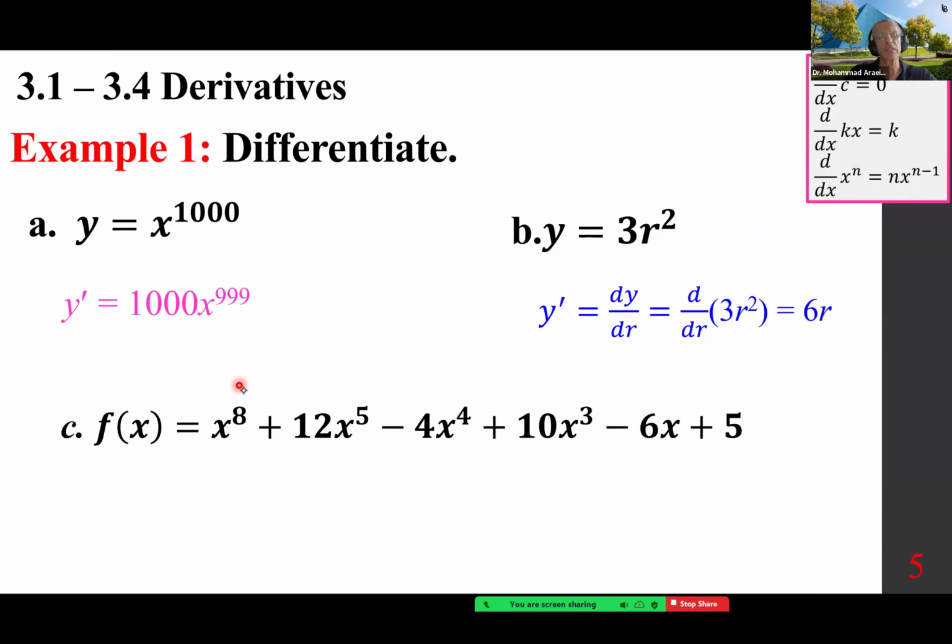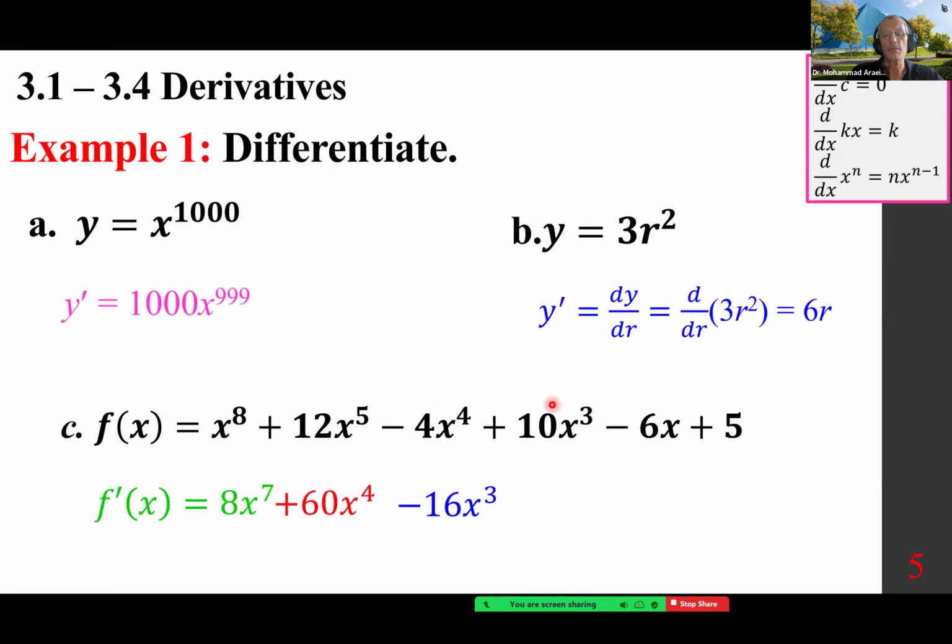And so it's simply 8x to the power of 7. This one, the exponent comes down and becomes a coefficient, so these two we will multiply. We get 60x to the power of 4. Same thing happens here. To bring this down, that means multiply these two numbers. You get negative 16 and drop 1 from the exponent, minus 16x cubed.